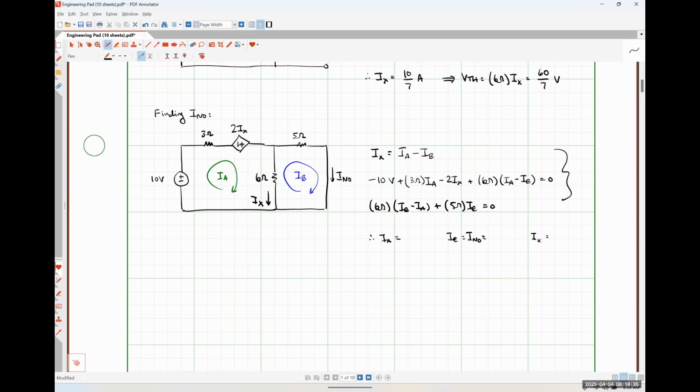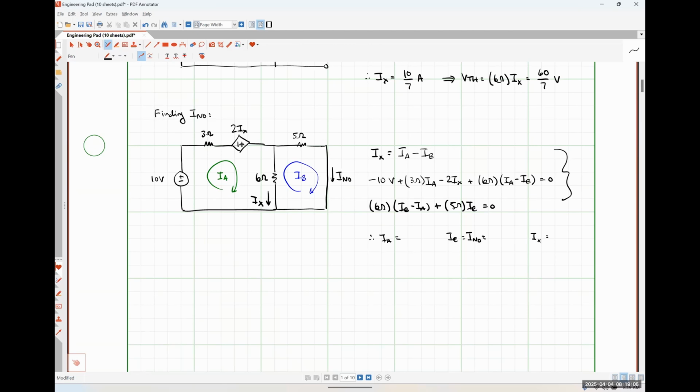In my second equation, my coefficient for IA is 3 plus 6. My coefficient for IB is -6. My coefficient for IX is -2. And my constant term is +10. In my third equation, my coefficient for IA is -6. My coefficient for IB is 6 plus 5. My coefficient for IX is 0. And my constant term is 0.